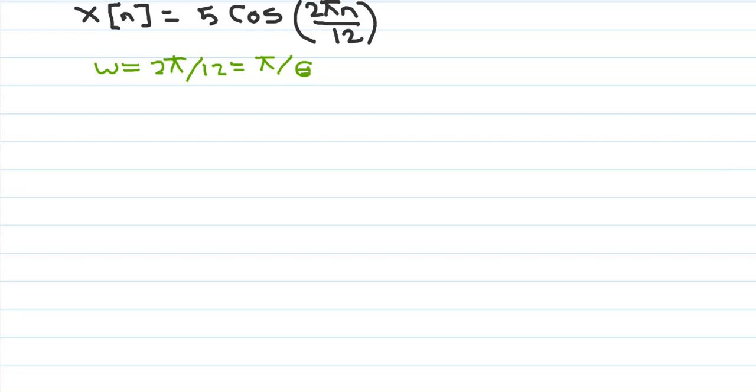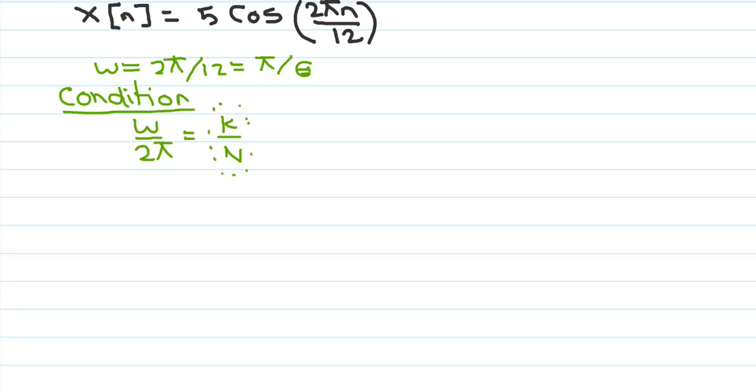Now, to check whether a given signal is periodic or non-periodic, the condition is that omega, or omega 1, divided by 2 pi should be equal to k by n. We assume that this ratio k by n should give me a rational number.